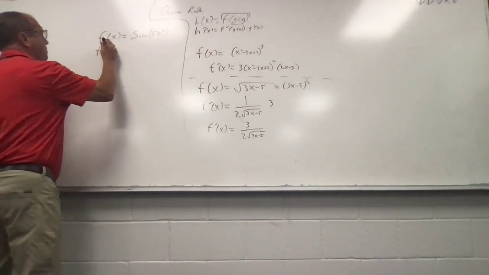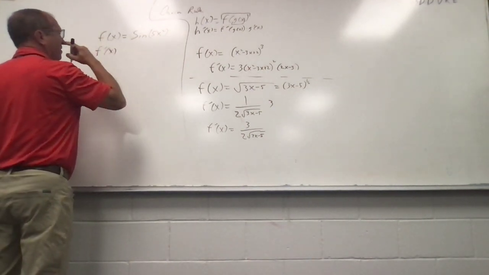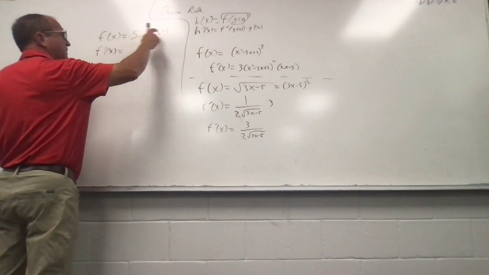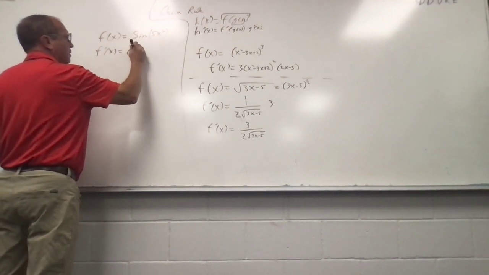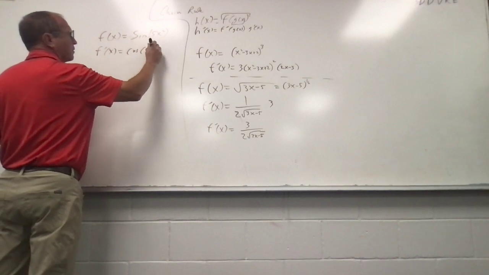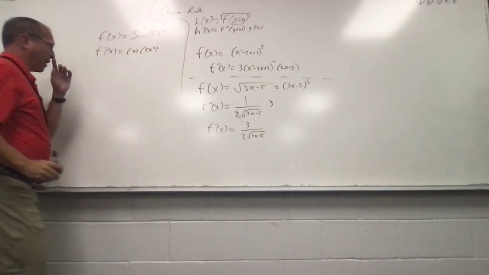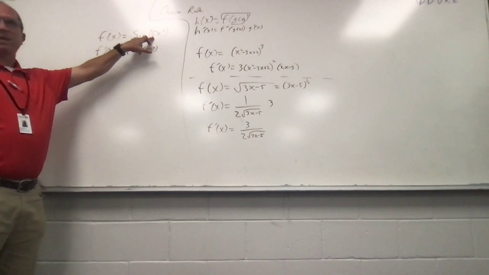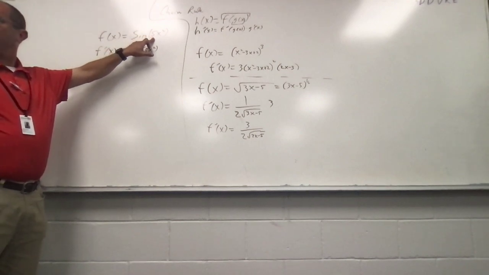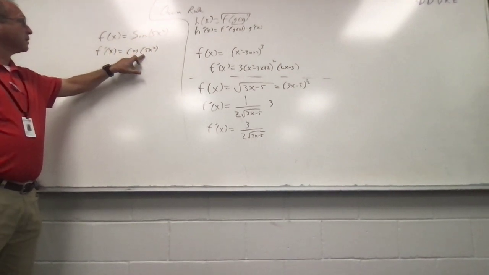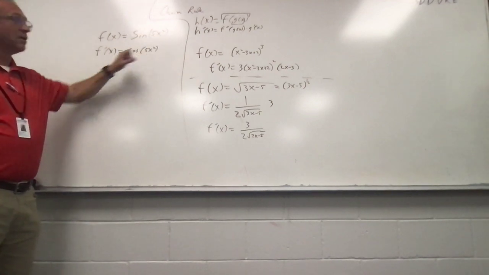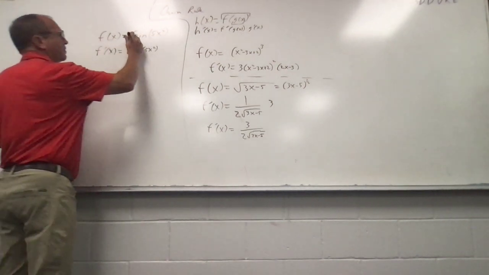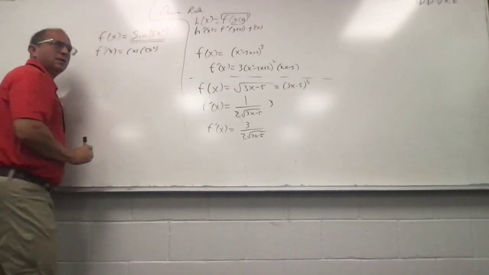So remember, the derivative of sine of an angle is the cosine of the angle. Now, up till now, that angle's been x. But here we're using 5x squared as our angle, so it's the cosine of that angle. So that's the derivative of the outer portion.